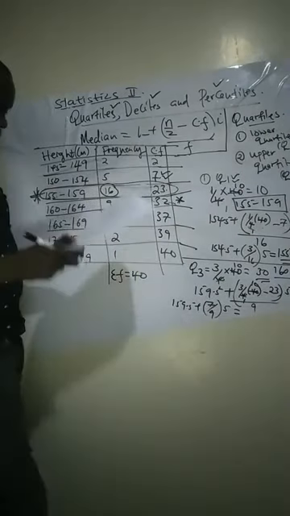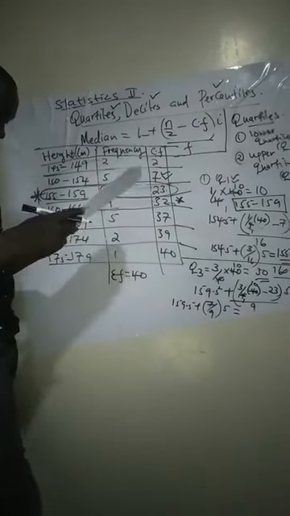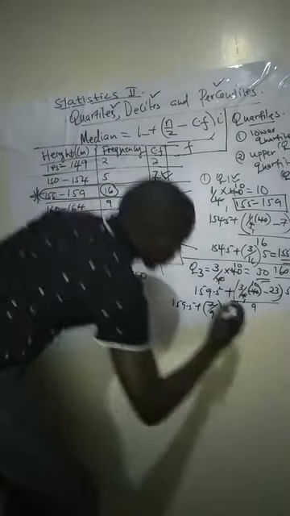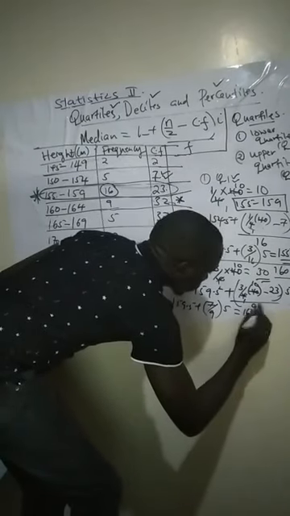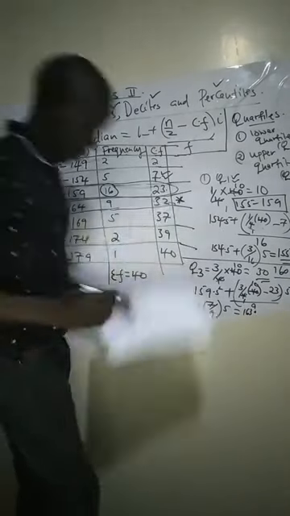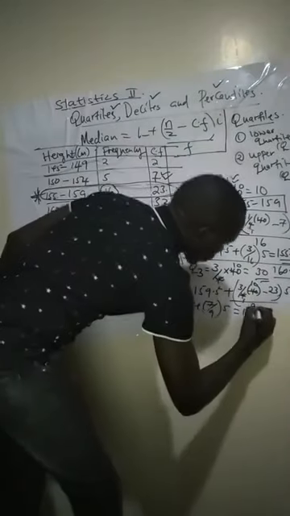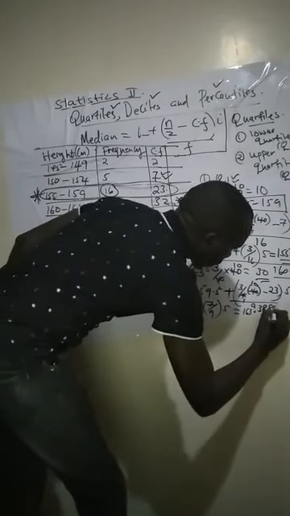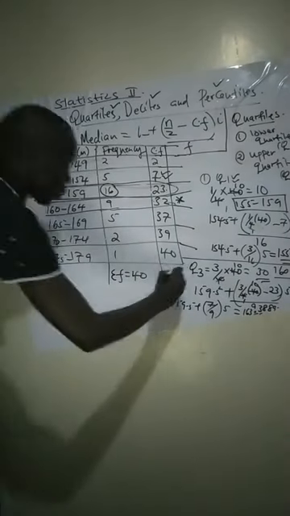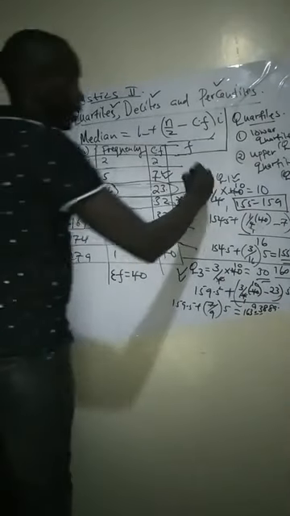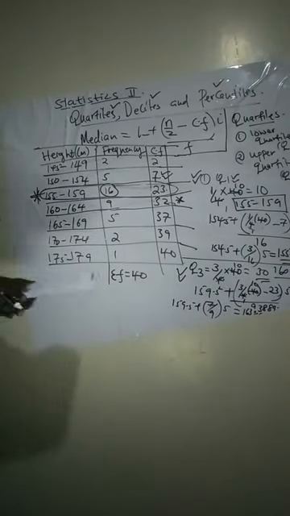And your answer, the upper quartile, should give us a value of 163.3889. So that is basically how you can get the upper quartile and the lower quartile respectively.